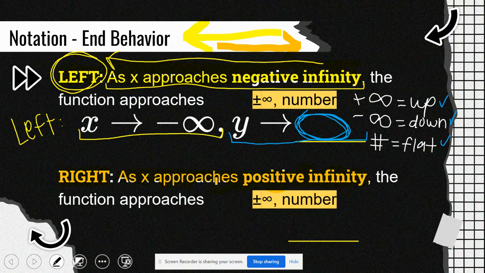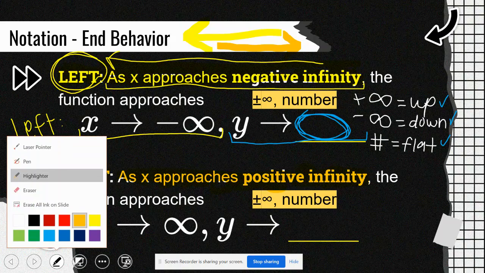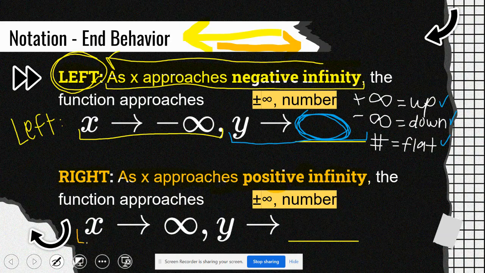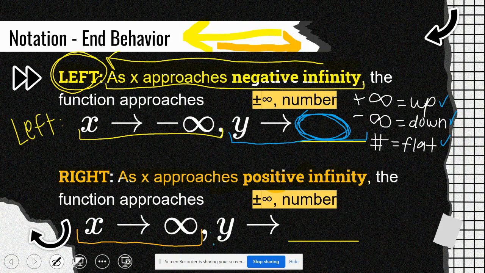And again, as it's moving that way, we want to know where the function is going. So the notation looks pretty similar. As the function moves to the right, as x approaches positive infinity, we want to know how high or how low. We want to know where is our function y going?